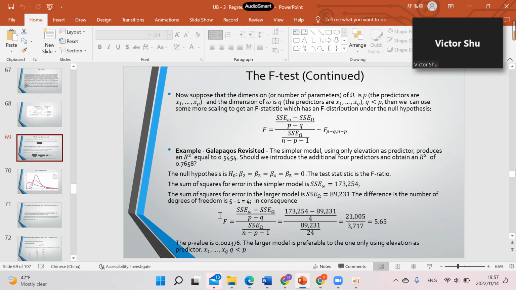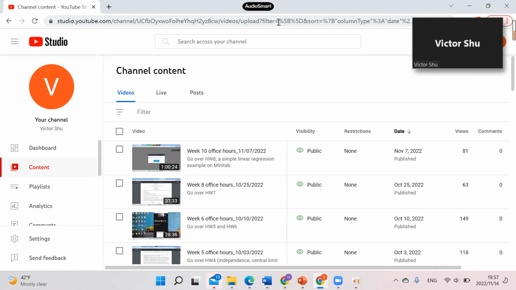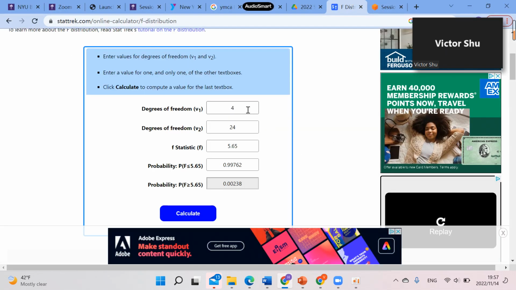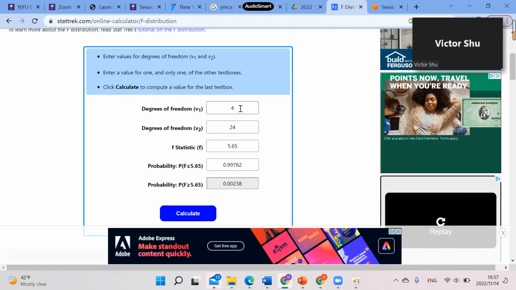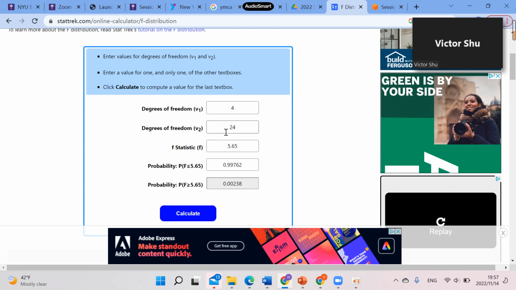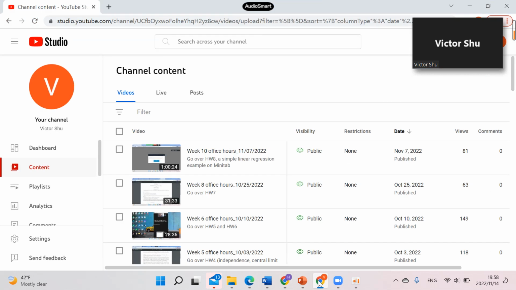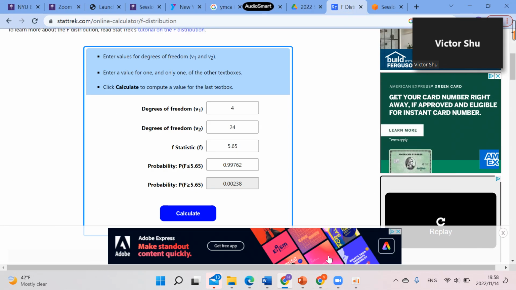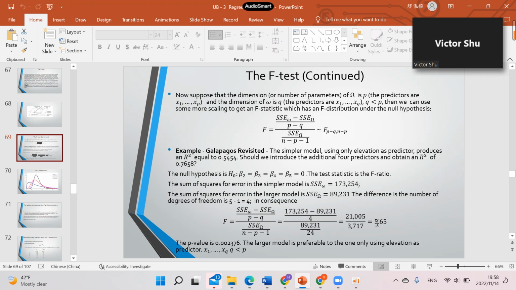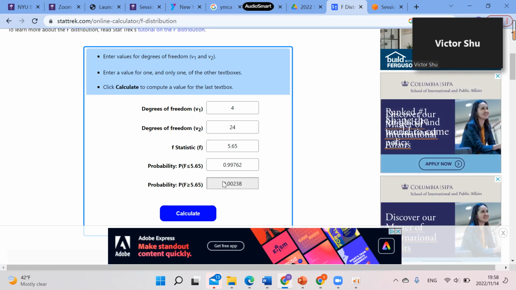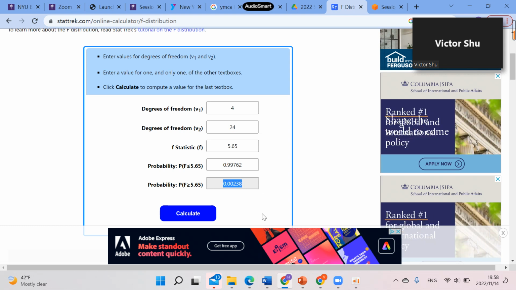If you put this in a calculator, like if I just googled F calculator, I think it's here. So the degrees of freedom in the numerator, the 4, the degrees of freedom in the denominator, 24, F statistic 5.64, and I get my p-value 0.00238.